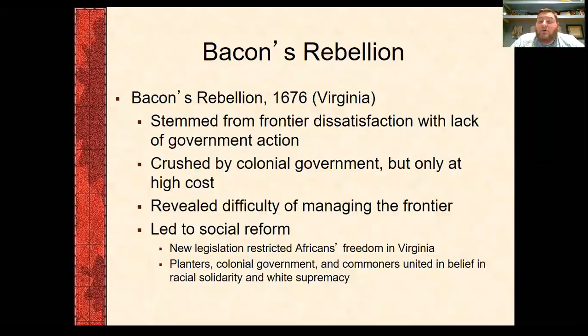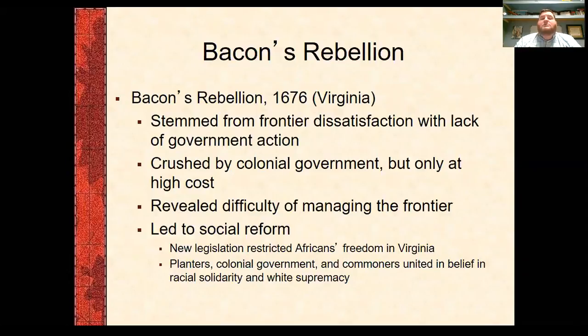And it's interesting to note that in his attack on Native American villages, he does not kill any belligerent Indians. He only kills those that were peaceful to him. And he also at times will take prisoners, often taking them from tribes who are working with his rebellion, who have captured and killed other tribes.